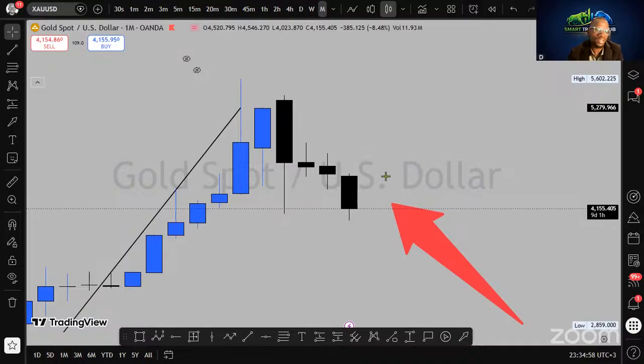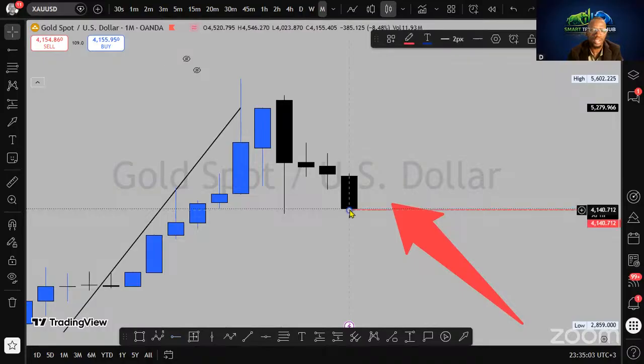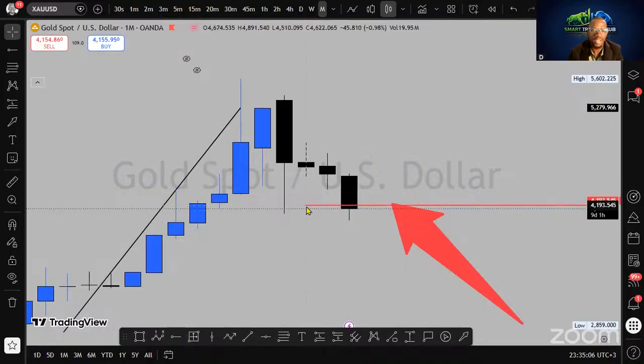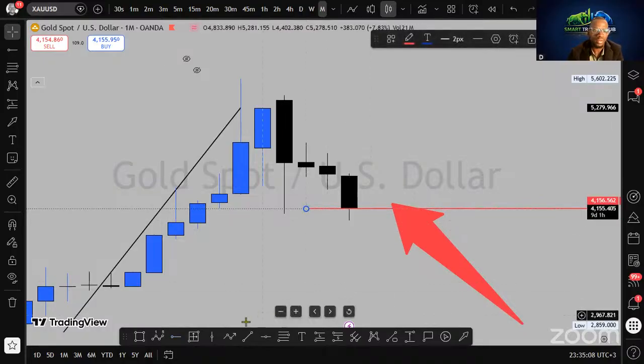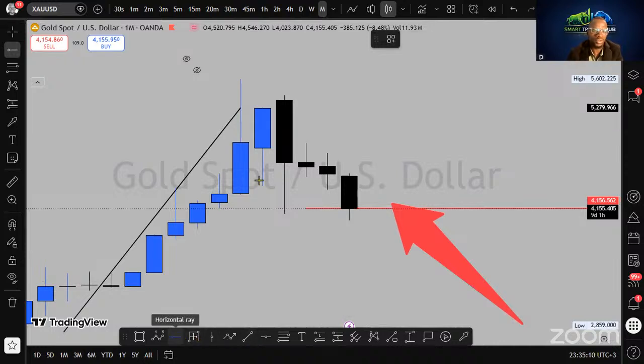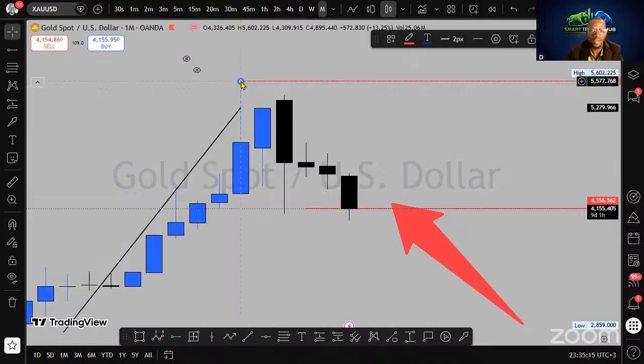So we are buying gold at around this red line, and you want to take your profit when it reaches around this area, around 55.77.